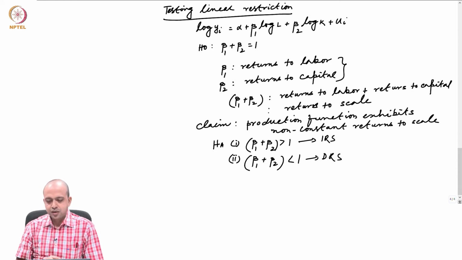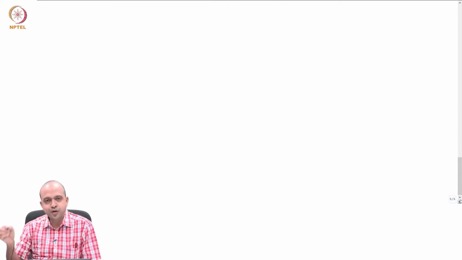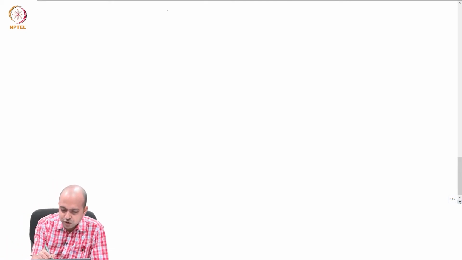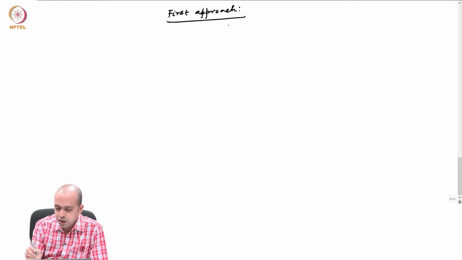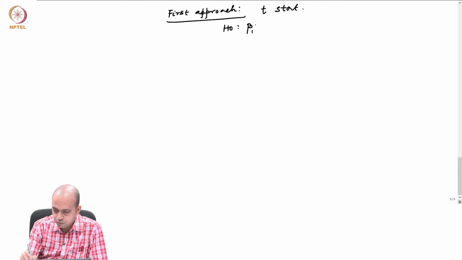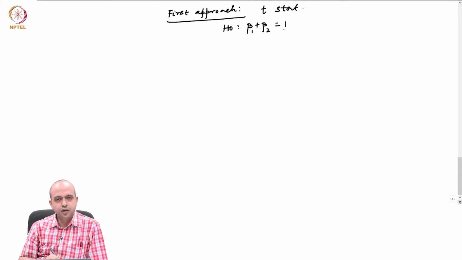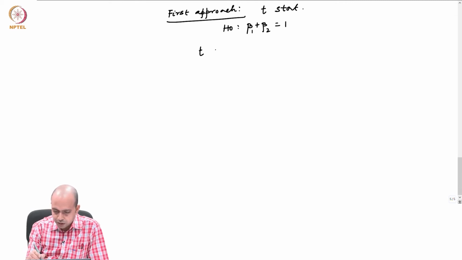If that is the case, then how will you test? There are two approaches. The first approach is where I am going to use the t statistic. So, your null is H naught: beta 1 plus beta 2 equals 1. Then how will you formulate your test statistic?